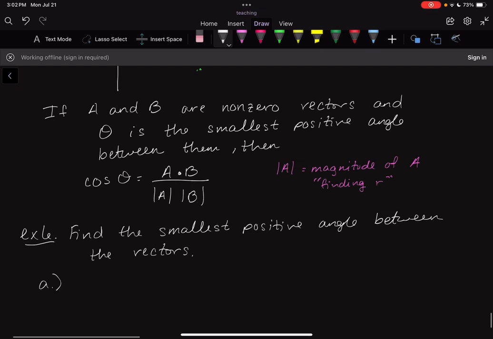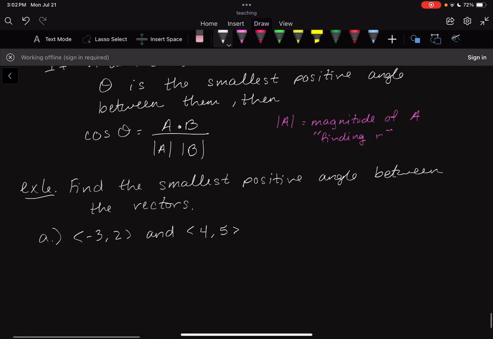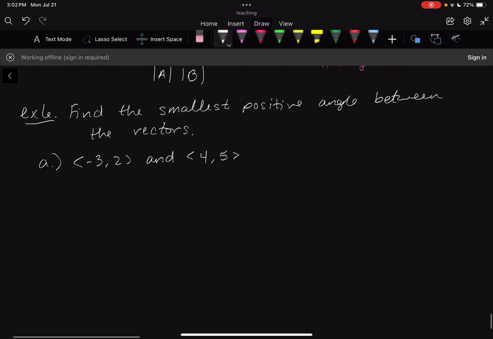And we'll do 2 of these. Part A, we'll do -3, 2 and 4, 5. And then part B, we'll do -5, 9 and 9, 5.